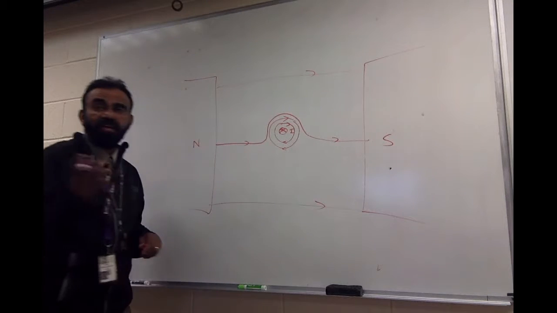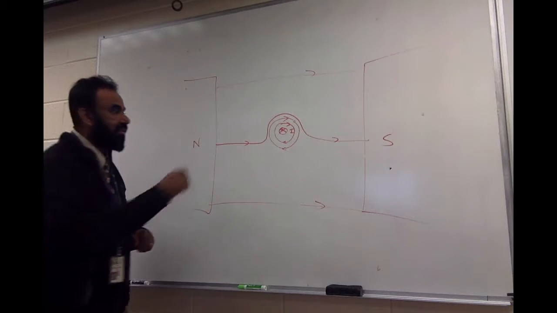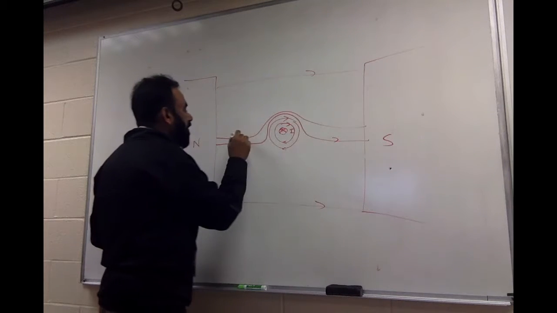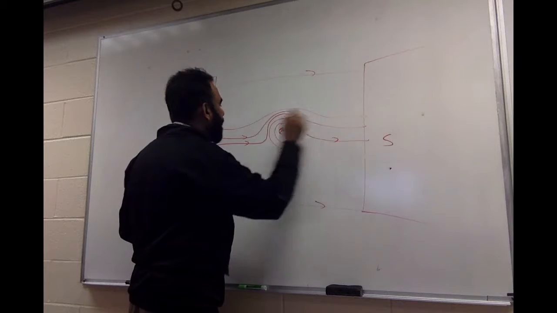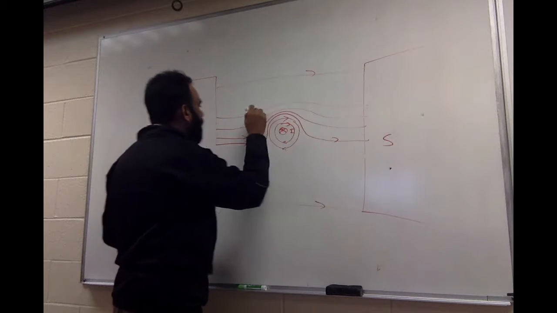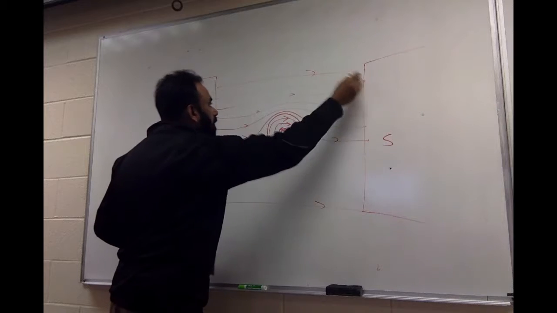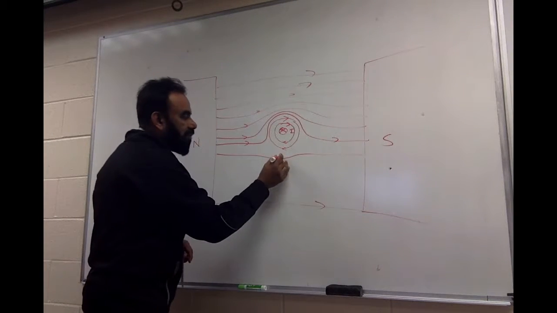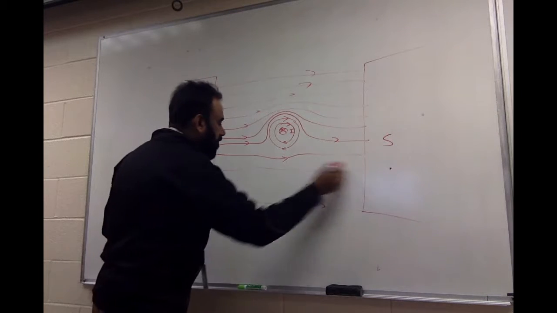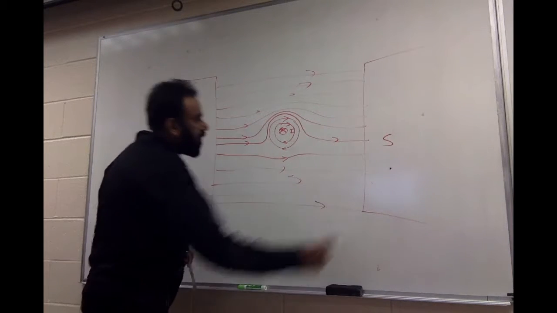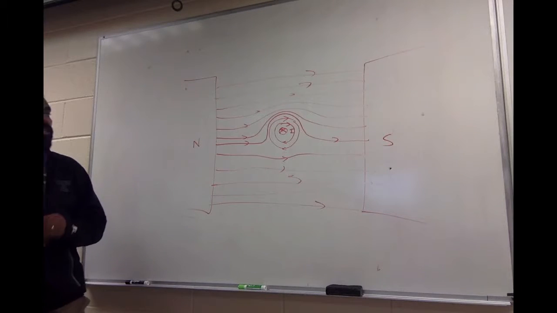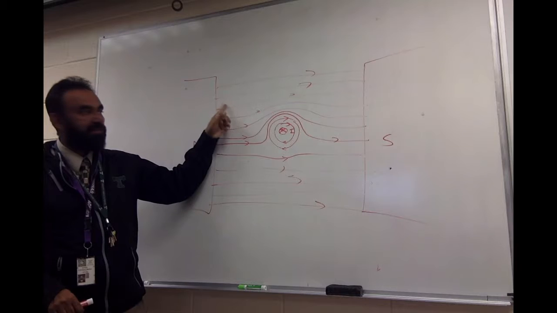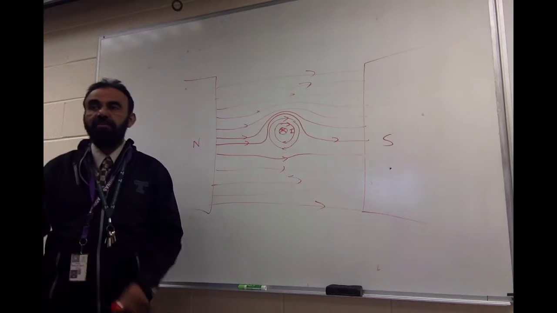Magnetic field lines or electric field lines will never intersect. So this is what happens. The field lines will actually kind of squeeze itself like that. And at the bottom, it tries to run away because it's opposing. So overall what you see is there is a distortion in the magnetic field that was created by this magnet because of the magnetic field of the wire.